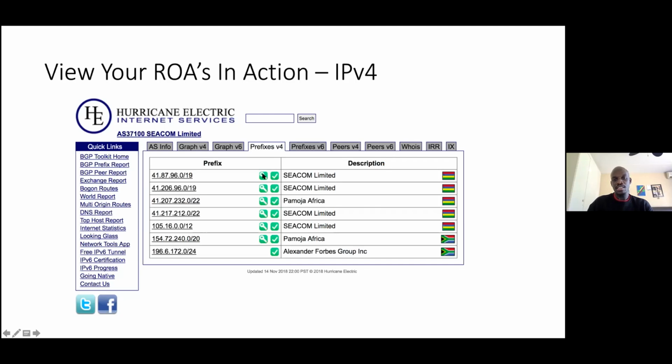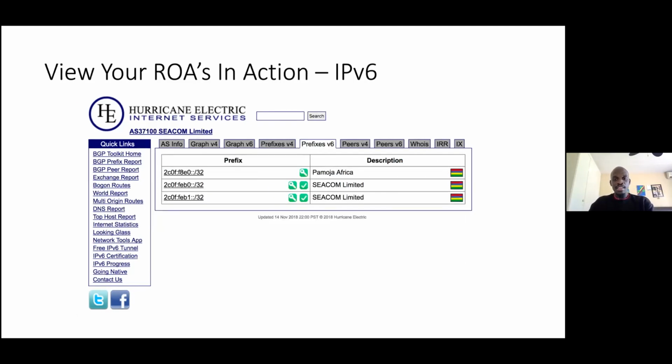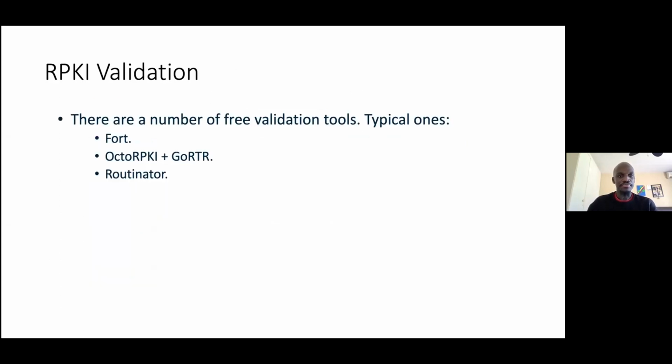And that basically says that this has a ROA, which we have verified is correct, according to the records that Hurricane have. So that's an easy way to tell that the rest of the world sees your ROAs correctly. This is an example for IPv6 as well. There's many other mechanisms. There's a number of publicly available RPKI validators online that you can use to detect if your ROA has come out correctly, but this is just a simple one that we also like to use. So that's what happens once it's done.